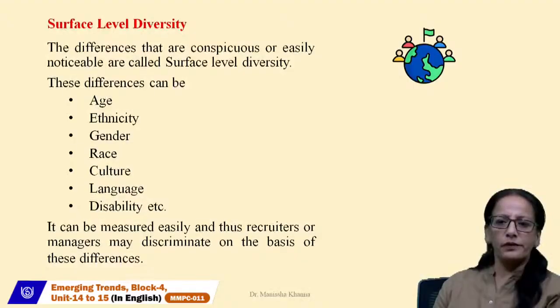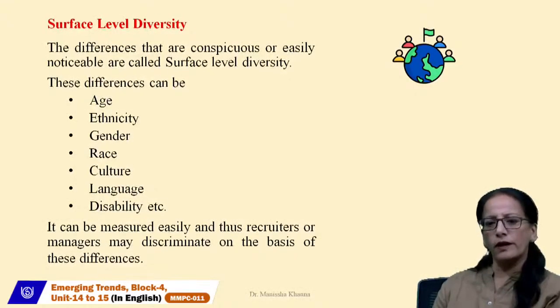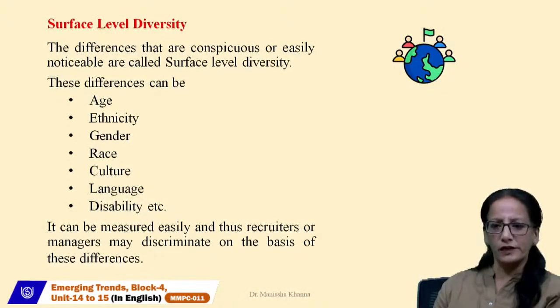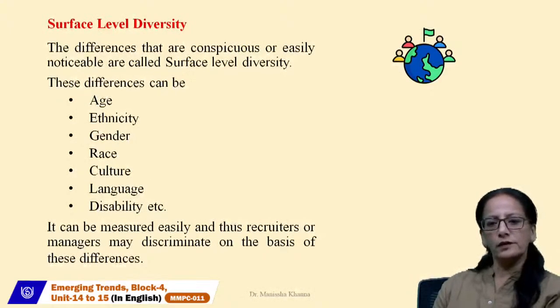For example, for one particular job, I need only female employees for that particular profile. Here I can tend to discriminate or scrutinize the applications on the basis of surface level diversity. The dimension can be gender, or maybe I need a specific age group for a particular job profile.